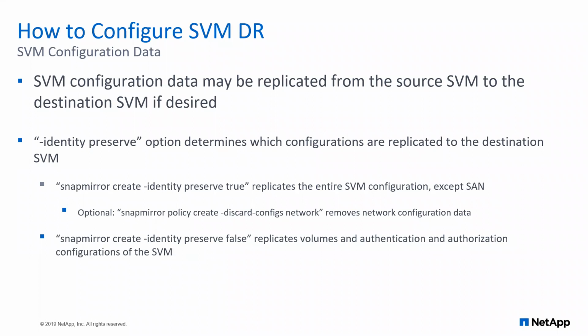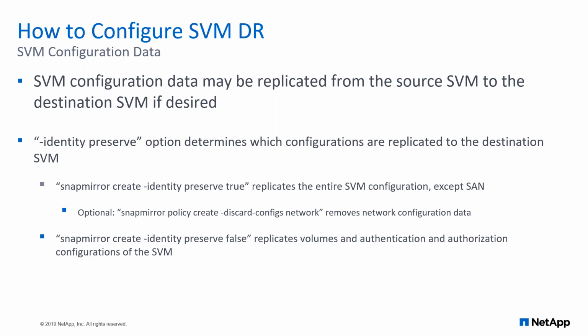That's very important. You'll use that option when you're creating your SnapMirror relationship, and that will determine which configurations are replicated to the destination. So if you set identity preserve to true, that'll replicate pretty much the entire SVM configuration except for SAN protocols, which just aren't supported by SVMDR at this time.